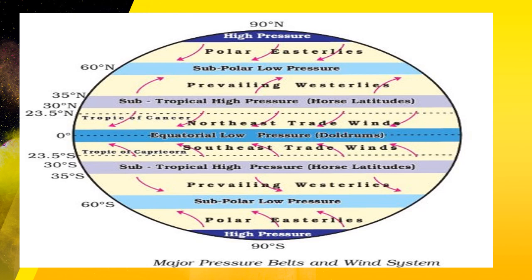And at 90° north and 90° south there is north pole and south pole, and this area extends from 70° north to 90° north and 70° south to 90° south, where high pressure is observed because of very low temperature.